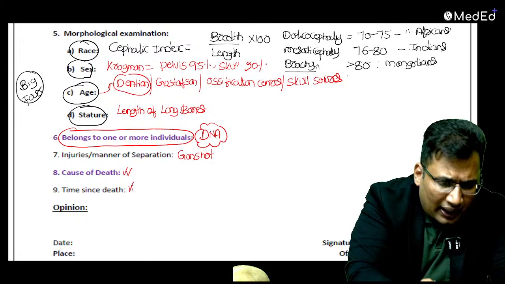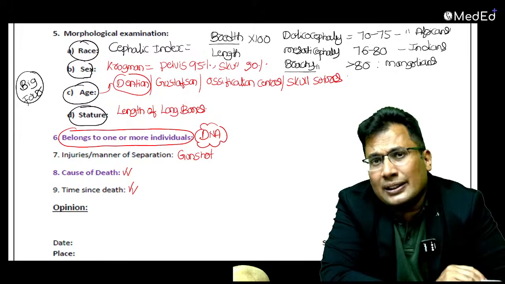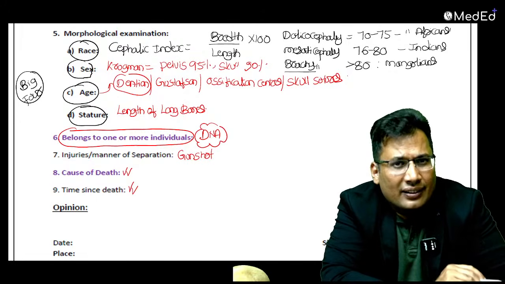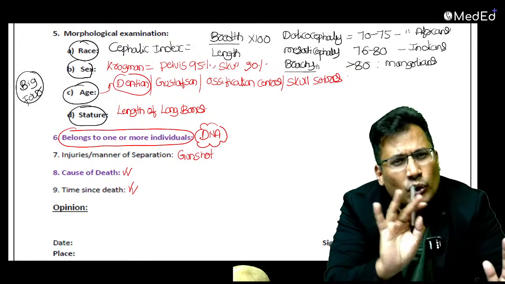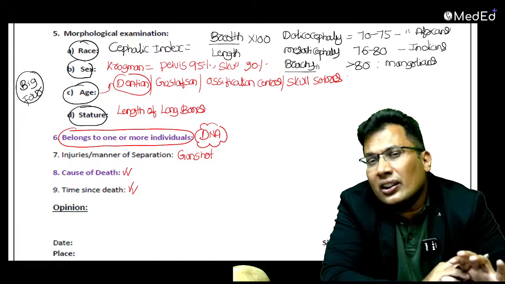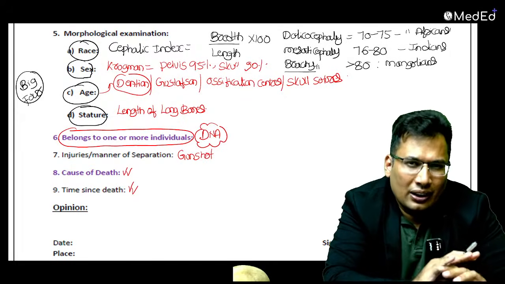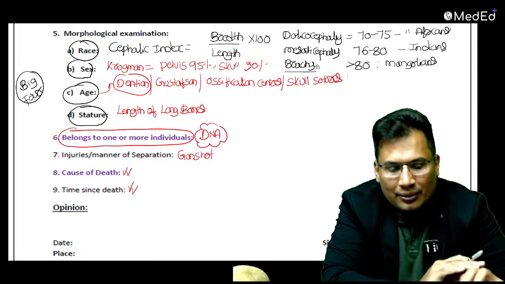Time since death, again it is not very easy. It is based on the nitrogen content, based on the osteocytes and all. So the 9th point is time since death, or else you can write in the answer sheet not applicable. It is not possible with the bones without microscopy and advanced techniques.